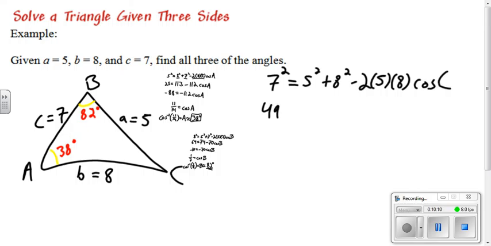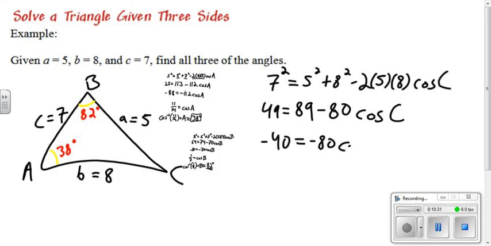7 squared is 49. 5 squared plus 8 squared is going to come out to 89. 2 times 5 times 8 is 80, and cosine of c still. We have to subtract 89 from both sides, so we get negative 40 equals negative 80 times the cosine of c.